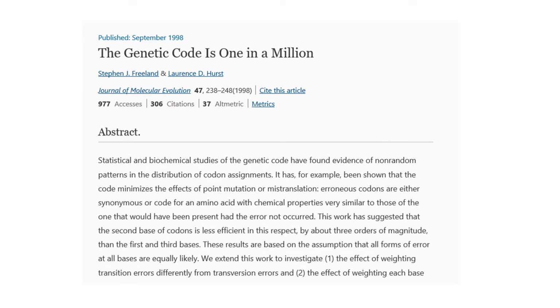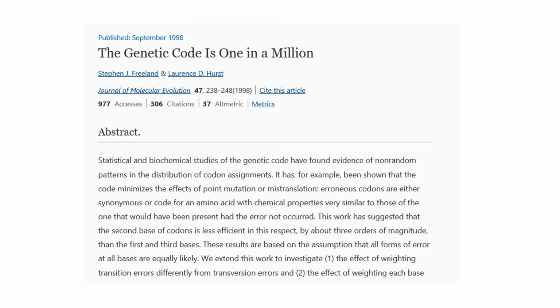Some years later, the team refined their analysis. Once again, Professor Hurst, now working with who I believe was his student at the time, Dr. Freeland, took another look at the optimality of the genetic code, this time making the simulation a little bit closer to nature.